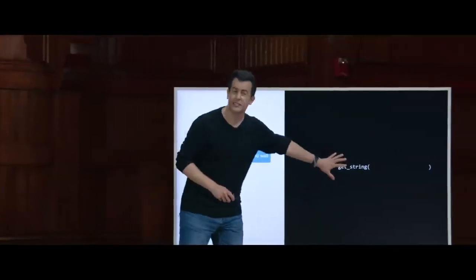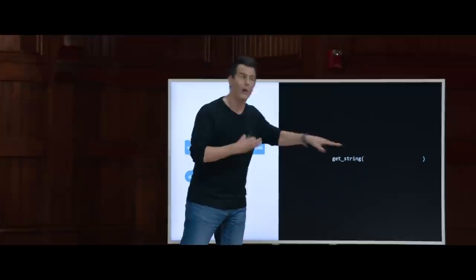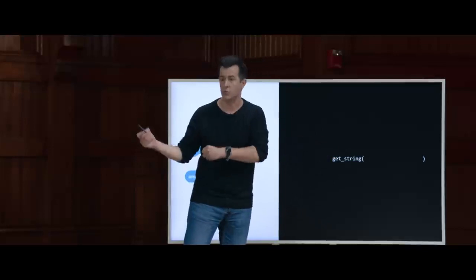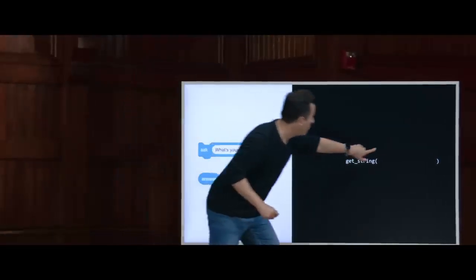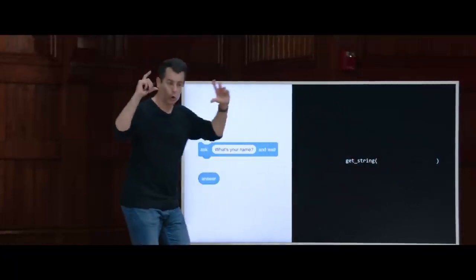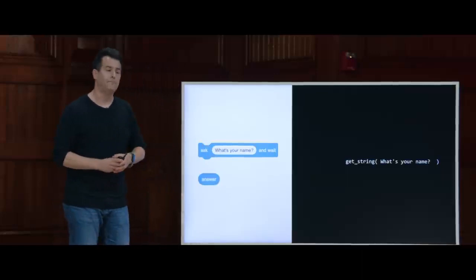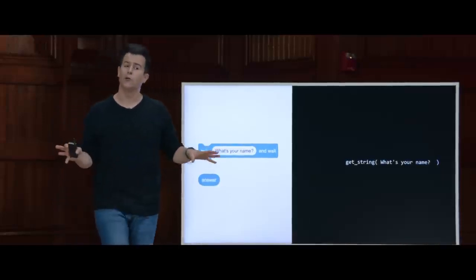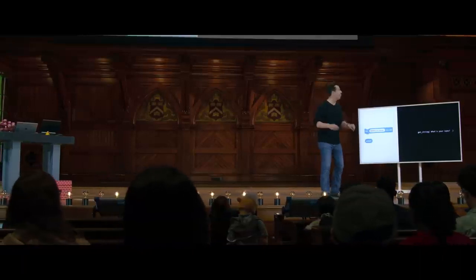And to be clear, this is a CS50 specific thing, training wheels of sorts, but we'll show you in a few weeks what this function is doing and how you can not use it moving forward once you're comfortable with the language itself. Notice I've put parentheses left and right as sort of a placeholder for user input, and that user input is going to be what's your name. But I can't just put what's your name in parentheses. What do I minimally need to add in there too? Yeah, so the double quotes left and right.